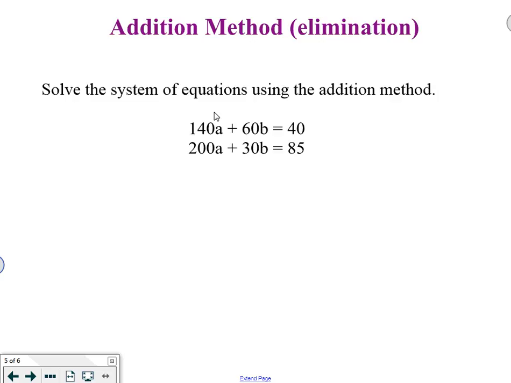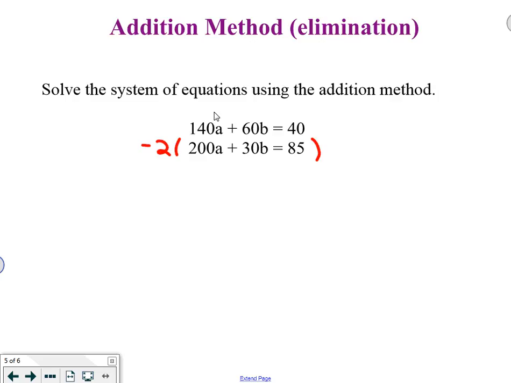As I look at this example, B is the easiest variable to eliminate. Because if I multiply this equation by -2, this positive 30b will become negative 60b. And it'll eliminate the b's altogether. So let's do that.